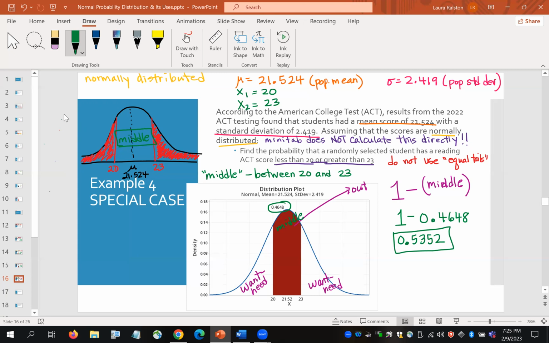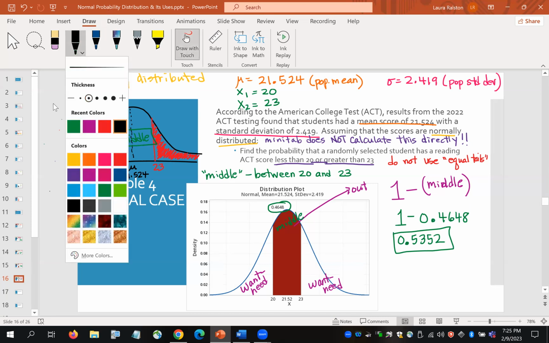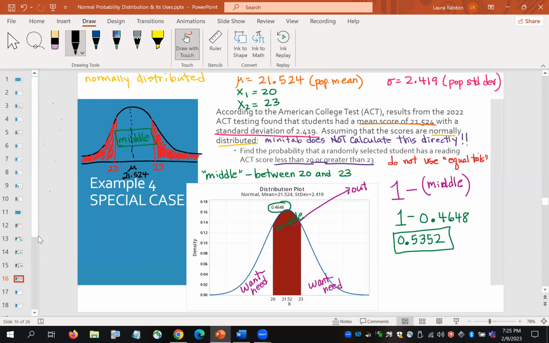If you see the or, it is the special case. You have to do it this way. Well, you don't have to do it this way, but it's probably the most direct way. I'm not going to demonstrate it, but the other option is you can figure the left and figure the right and add them together.